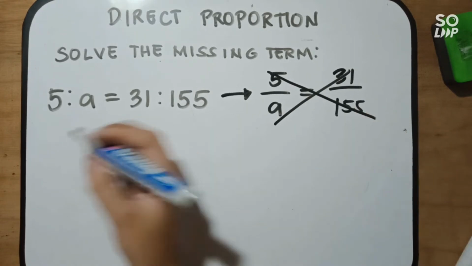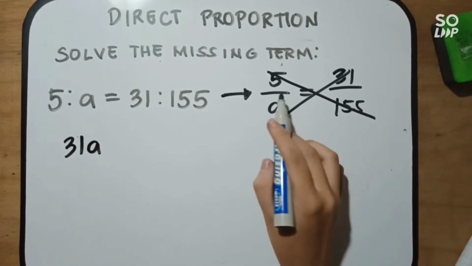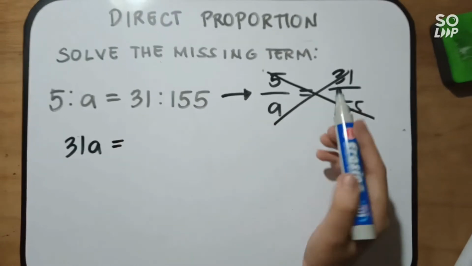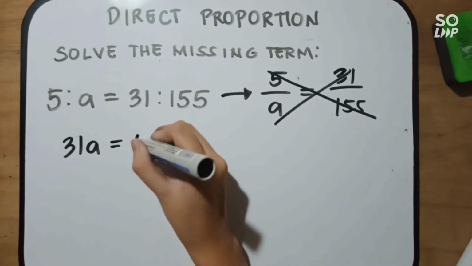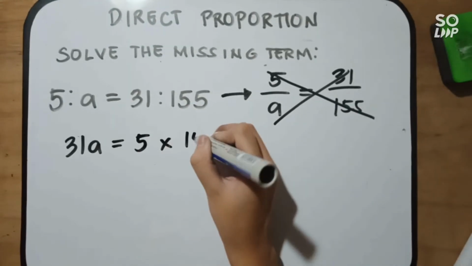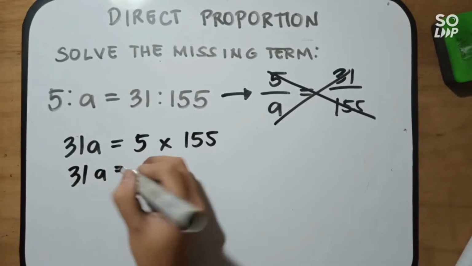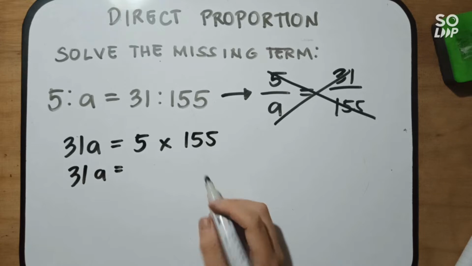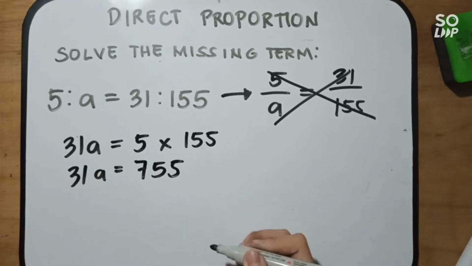A times 31 is 31A, equals 5 times 155. So 31A equals 775.